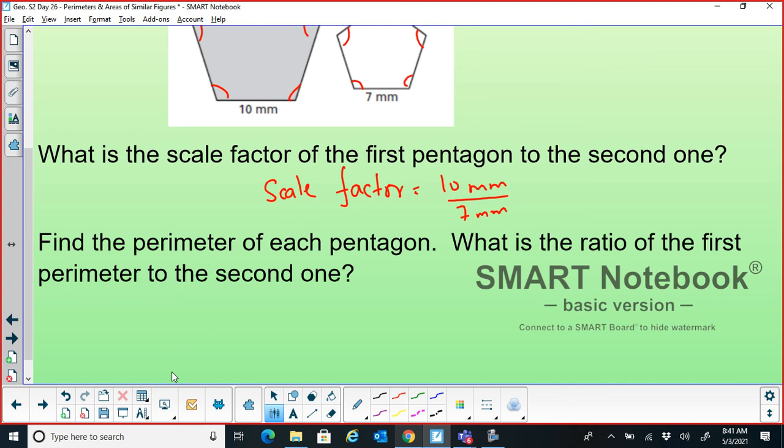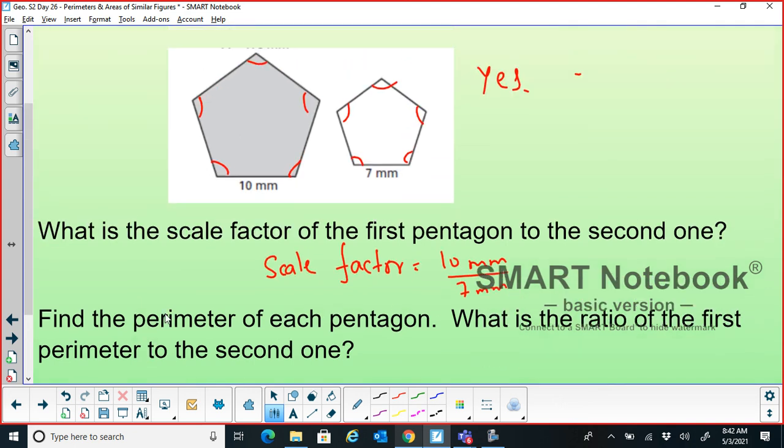The next step is to find the perimeter of each pentagon. What is the ratio of the first perimeter to the second one? Let's find out the perimeter. Perimeter is nothing but the sum of all the sides of the pentagon. Let me call this pentagon 1 and this pentagon 2.